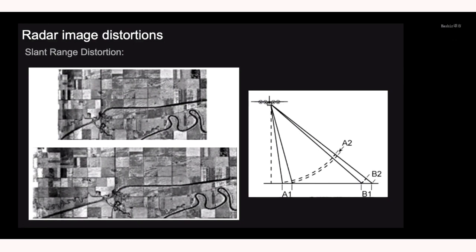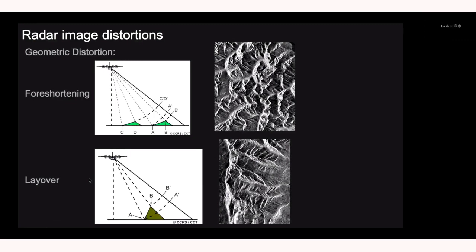Okay, similar to these distortions, we have foreshortening and layover. Like in simple cameras and scanners, where we also have some kind of distortions, radar images are also subject to geometric distortions due to relief displacement.